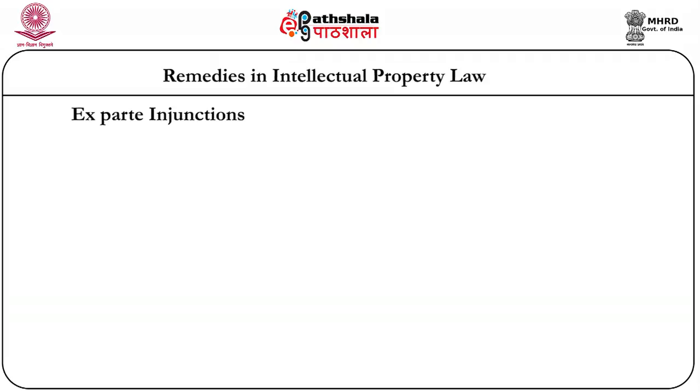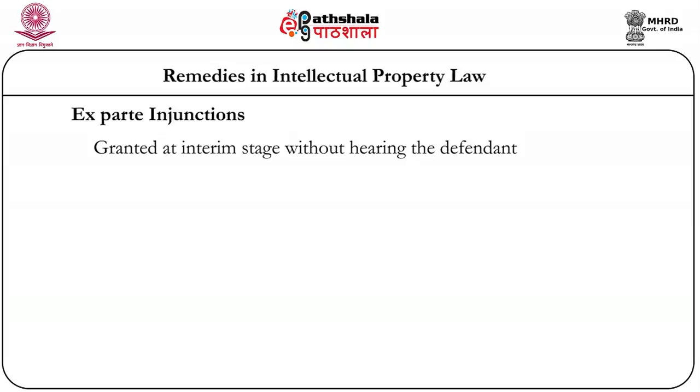Before we move on to the next topic of damages, a quick word about the procedure once an ex parte injunction is granted. Now, an interim injunction can be granted even without hearing the other party, and that is called an ex parte injunction.